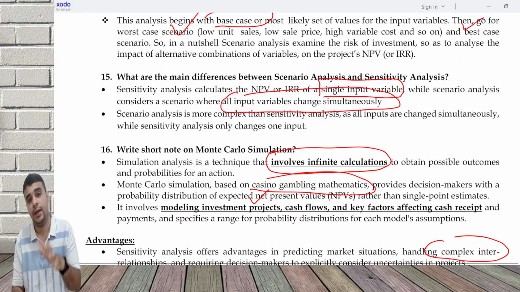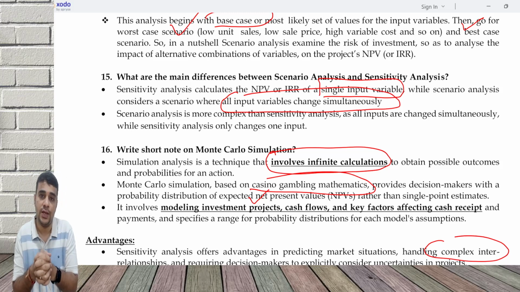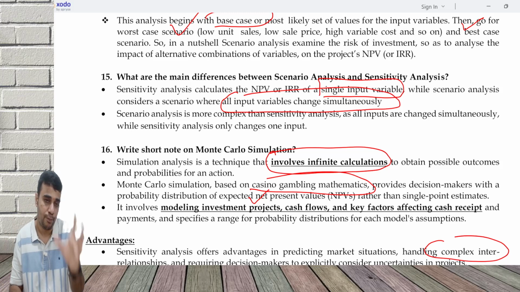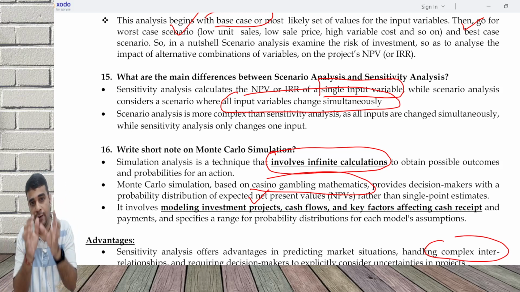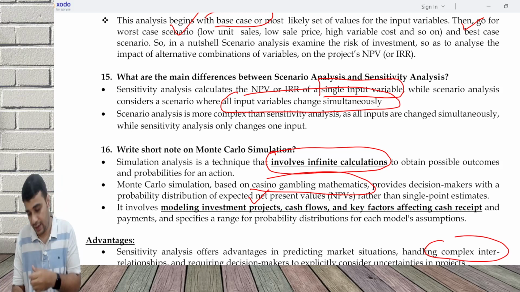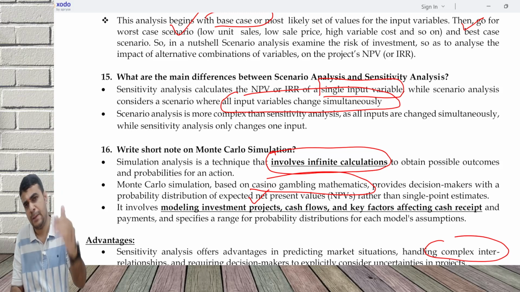Then came the Monte Carlo simulation, where we develop infinite calculations by developing a model of probability distribution. You develop a probability distribution for every variable which is likely to change, like cash flows, revenues, cost, and then fit in random numbers and run multiple exercises.